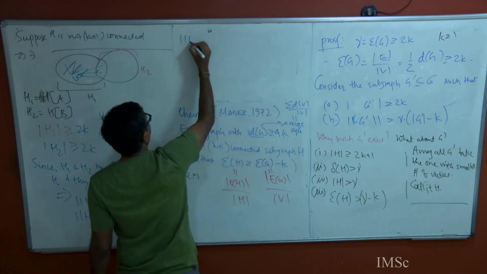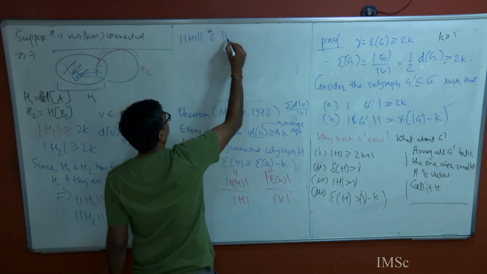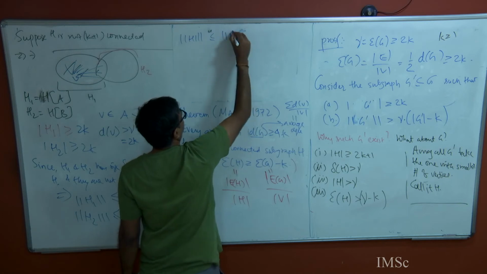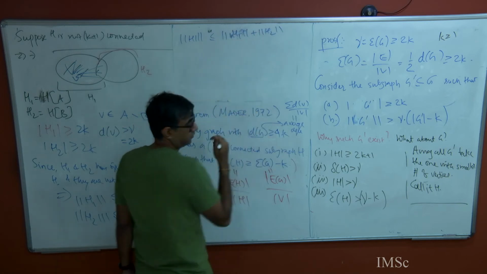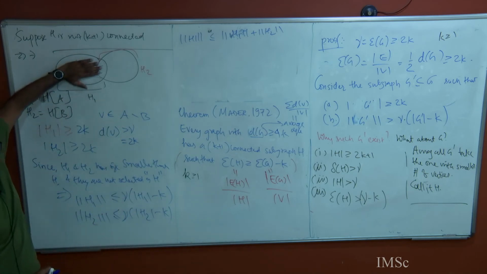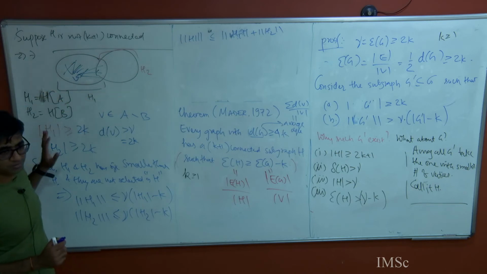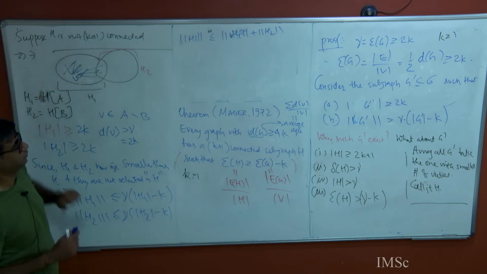Okay. Edges in H is upper bounded by this. Is this true? Right? Look at any edge. Either it is in this graph or it is in this graph. It's not that there is an edge from here to here. So every edge is either present in the graph H1 or it is present in the graph H2.